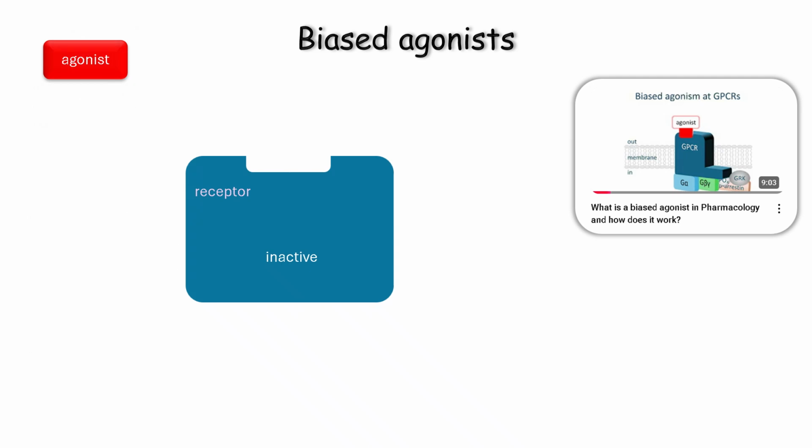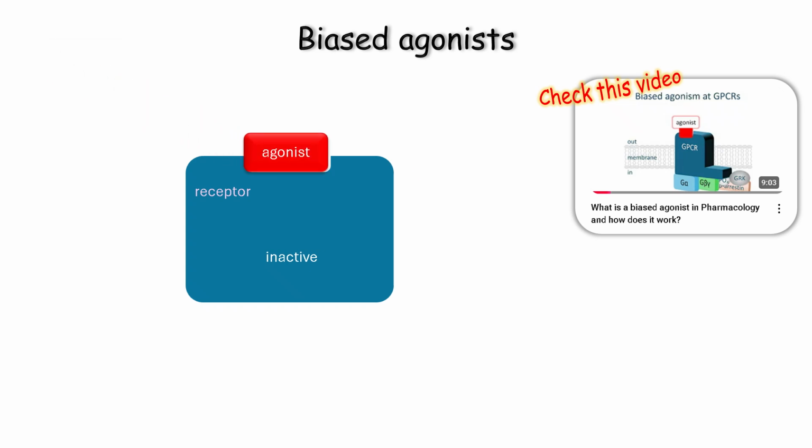I have a separate video that explains in detail how a biased agonist works, so I will only give a general overview here. Enough, I hope, to help you appreciate what they are and how they differ from other agonists. We begin with an agonist ligand binding to its receptor.